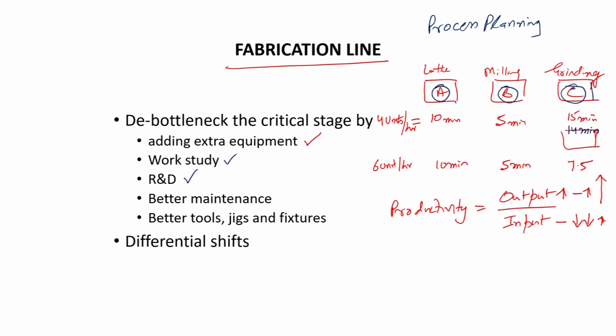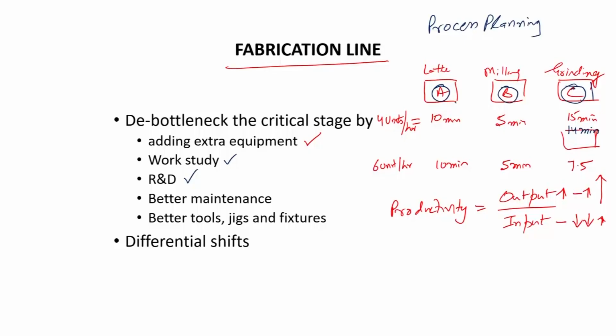Or maybe we are putting in a better grinding wheel or increasing the speed of grinding, by which we can reduce the cycle time of the grinding process. So, by doing the R&D on this, one, reducing the work content at the grinding machine, second, speeding up the metal removal rate of the grinding process, by which we can reduce the time taken at the grinding machine, so that my line is balanced.